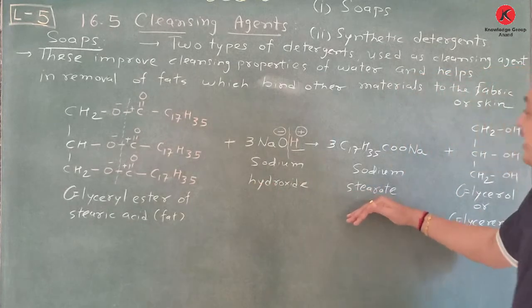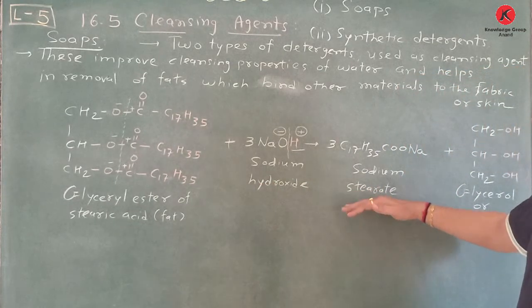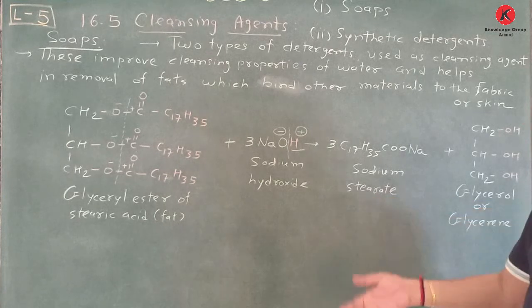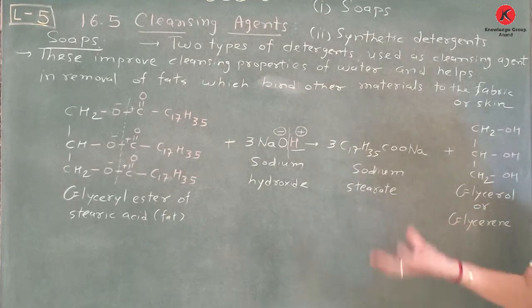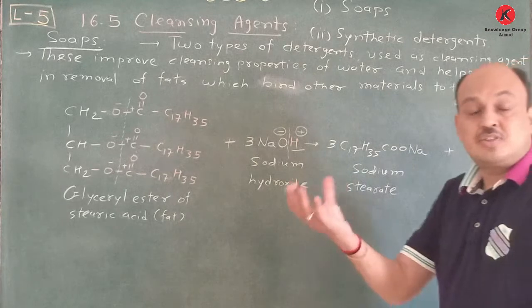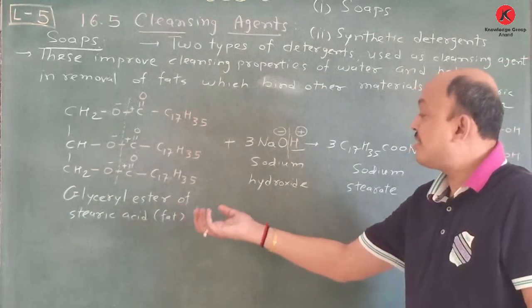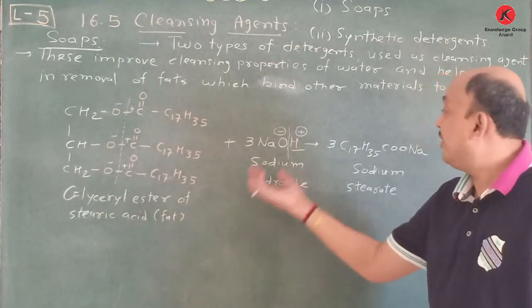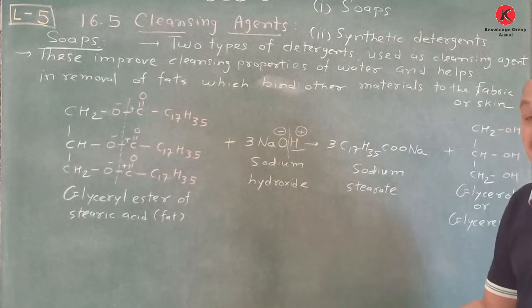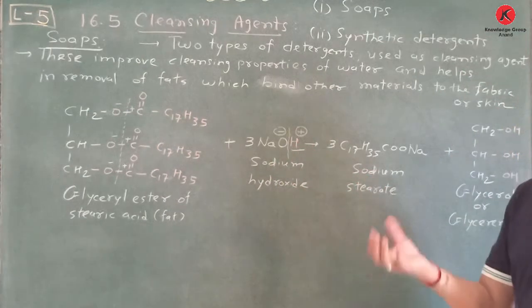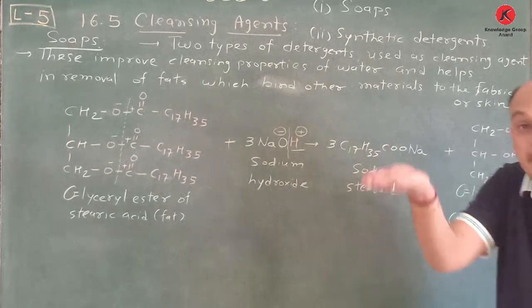And this sodium stearate is on the upper part and glycerin on the lower part. If we heat in a beaker, just take glycerin, or say this fat, in a beaker, and then take 10% sodium hydroxide solution and heat it. After heating, foam is developed.